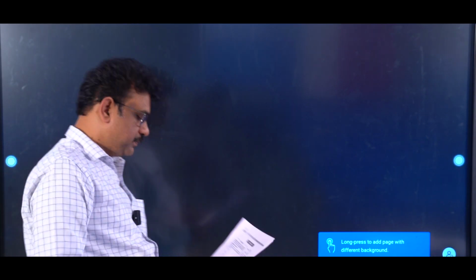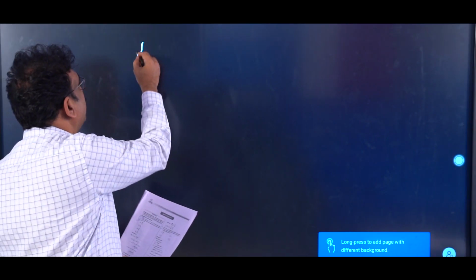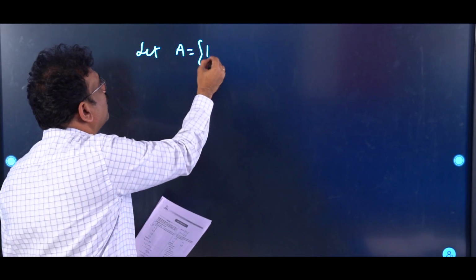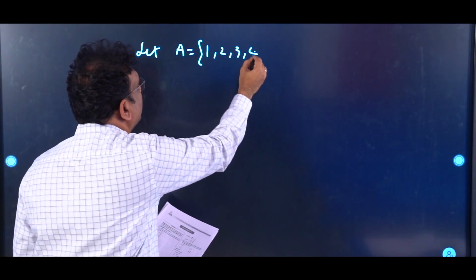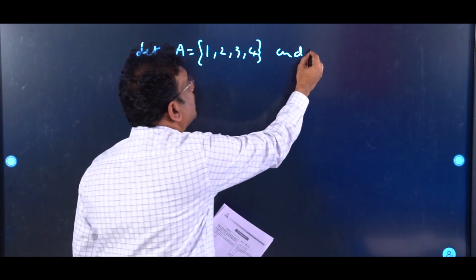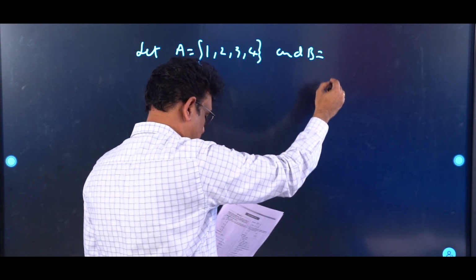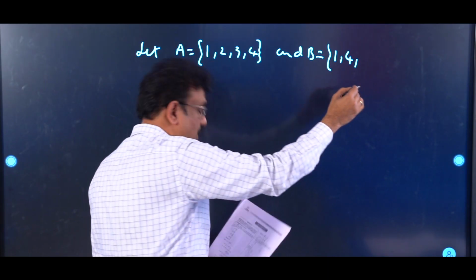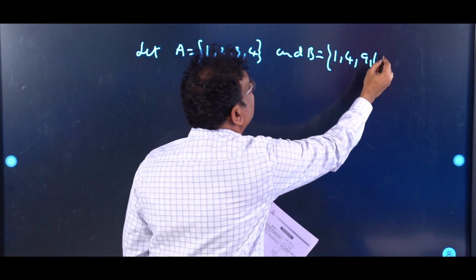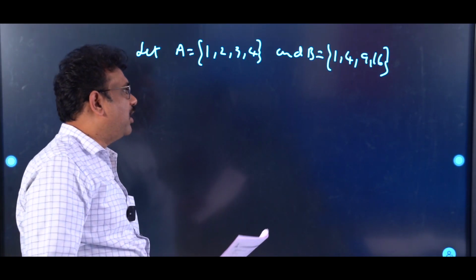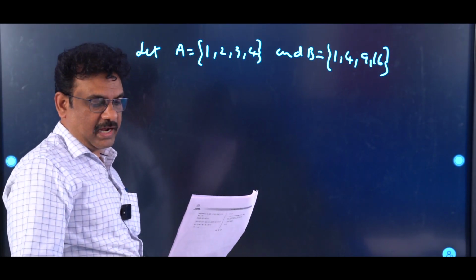Next problem. Let A equal to {1, 2, 3, 4} and B equal to {1, 4, 9, 16}.